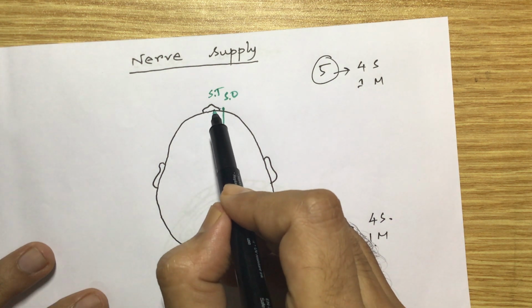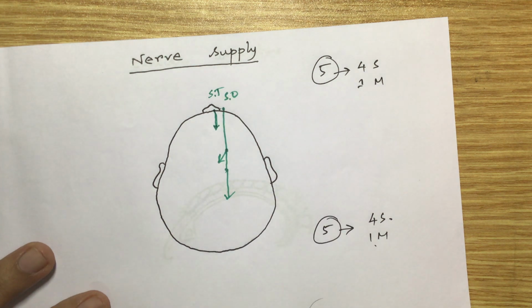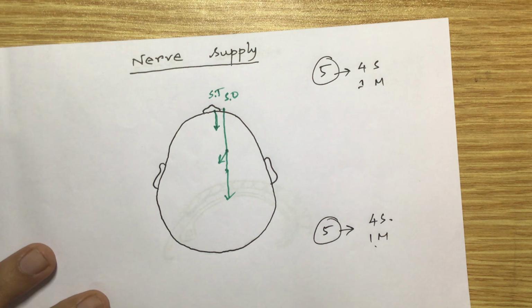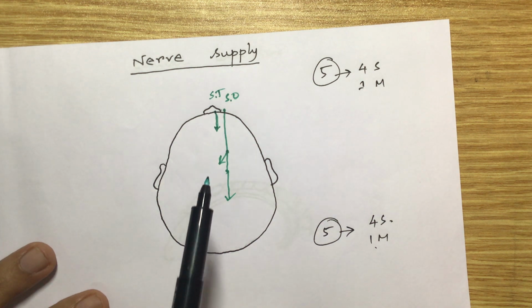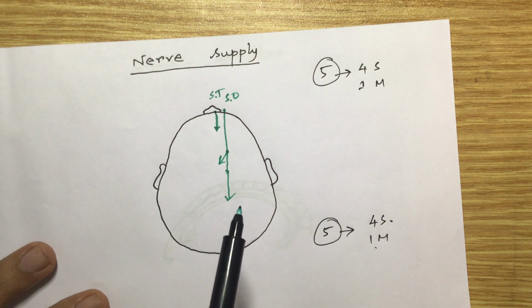So supratrochlear and supraorbital, these two are sensory nerves. They are coming from the orbit. They are branches of the frontal nerve from the ophthalmic division of the trigeminal nerve.